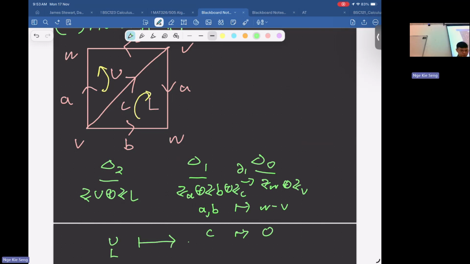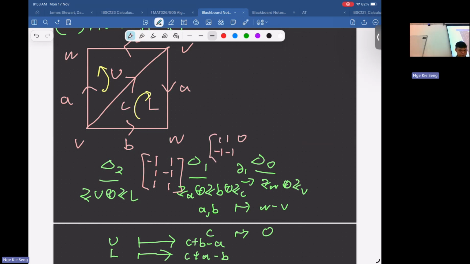U will go to C plus B minus A, and then L will go to C plus A minus B. So we can write down this matrix transformation here: minus 1, 1, 1, 1, minus 1, 1. And then for the other side, you can write down 1, 1, 0, minus 1, minus 1, 0. Or 1, minus 1, 1, minus 1, and 0. C gets sent to 0, and W and V.